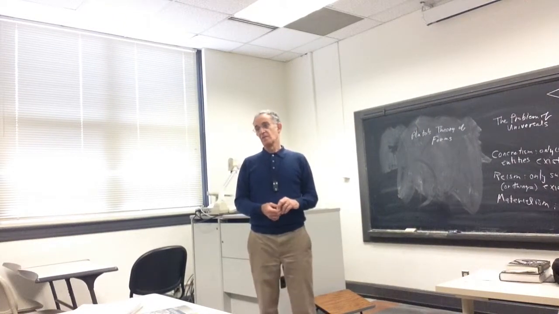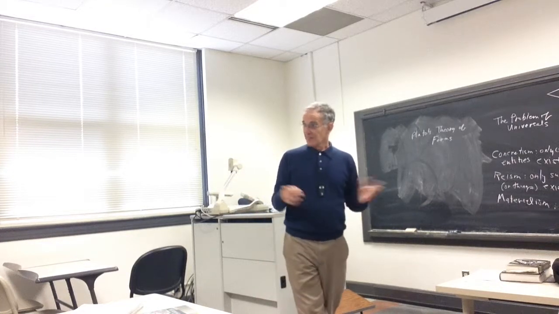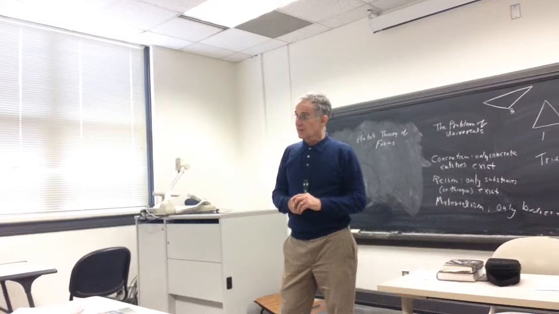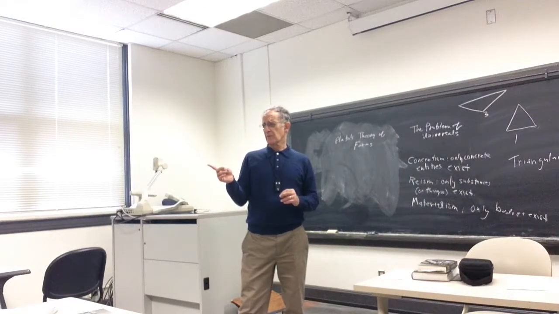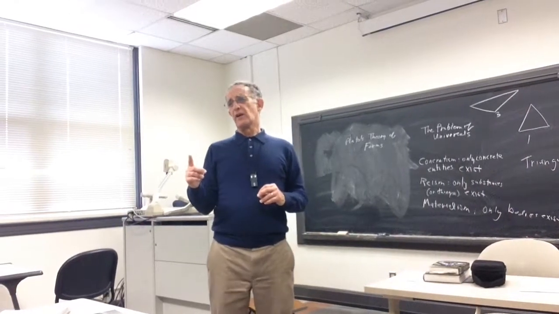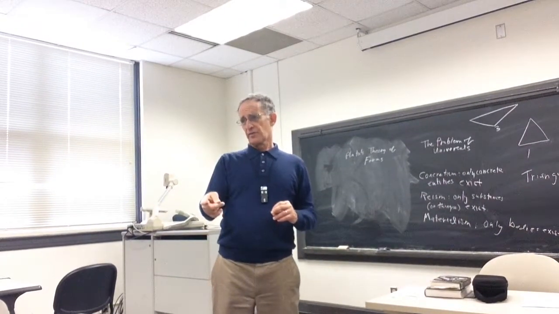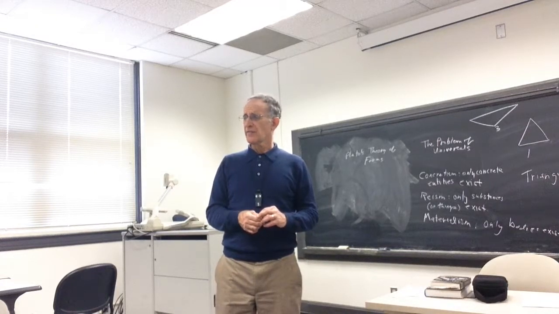Those would be merely possible to exist, but not actually existing, as far as we know. Any question about that? So those who follow Plato on this issue are called extreme realists about universals.